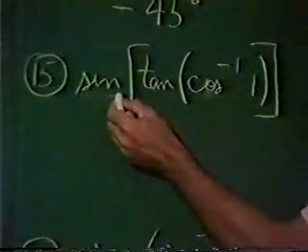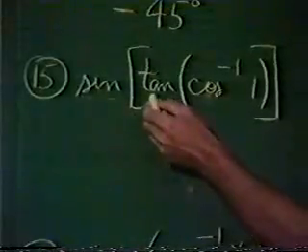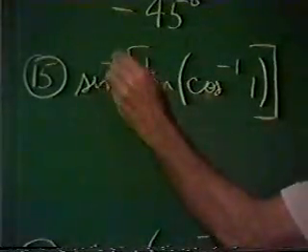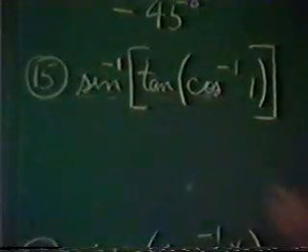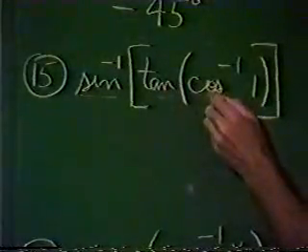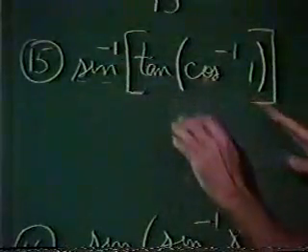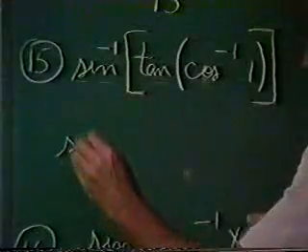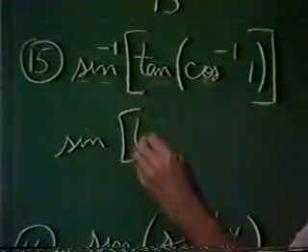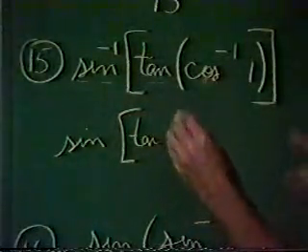Here we have the sine of the tangent. Now, this should be arc sine of the tangent of the arc cosine of 1. Now, why do I know that needs to be a sine? Well, let's work through this from the inside out. Let's rewrite this and then answer this.